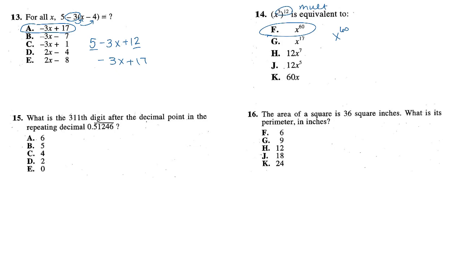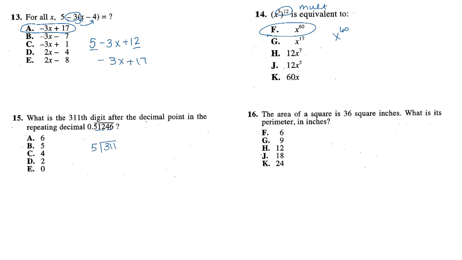And with this one, this looks like it's a very intimidating problem. However, we can go through and notice that this decimal repeats after 1, 2, 3, 4, 5, after the 5th digit there. So what we're going to do to find the 311th digit, we're going to take 311, and we are going to divide it by the number of digits that repeat, which is 5.